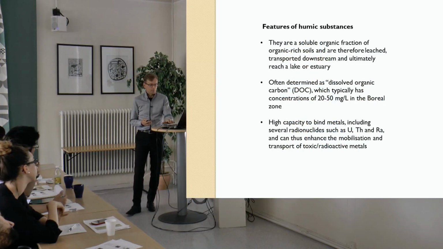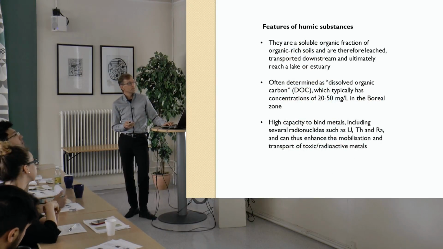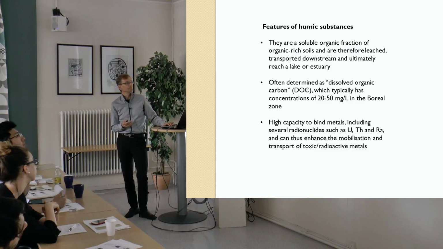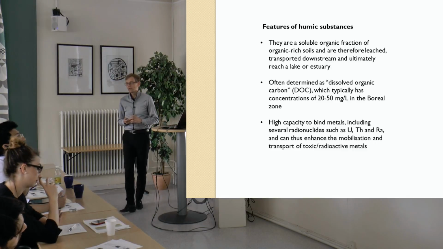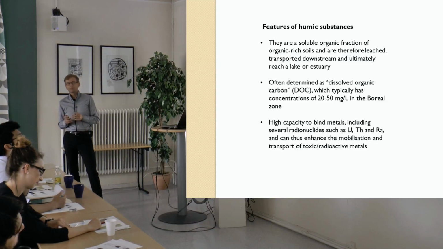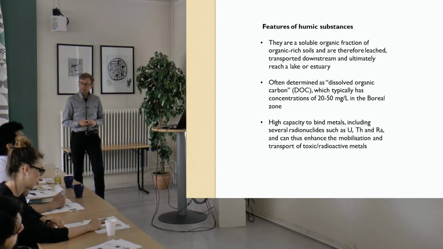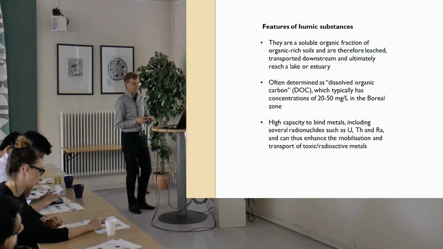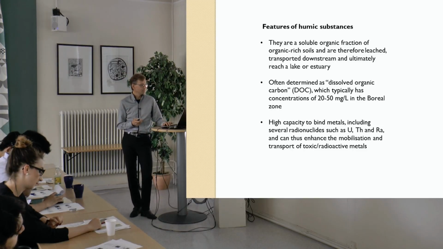So, some of the features of humic substances, as I already said, they are the soluble organic fraction of organic rich soils, and they are therefore leached and transported down through these systems.